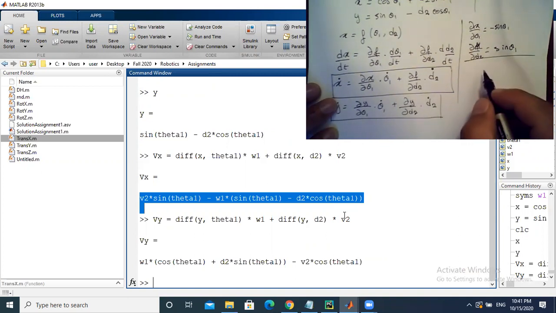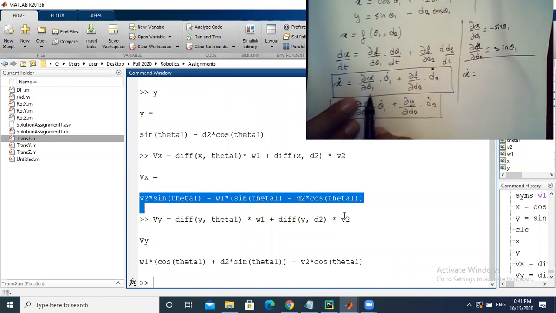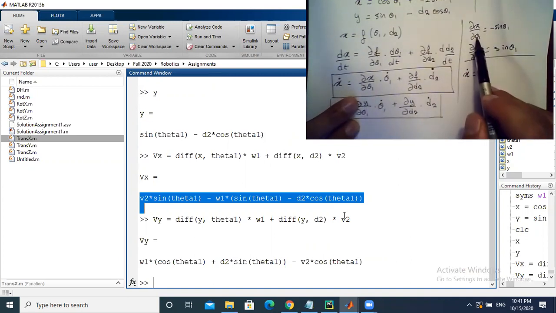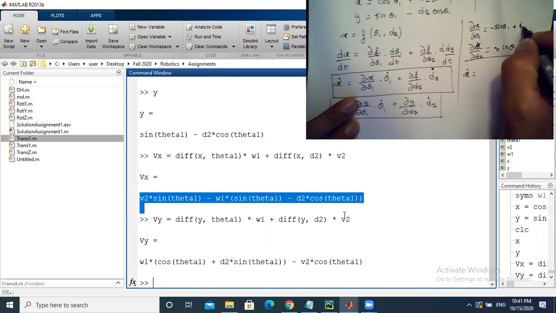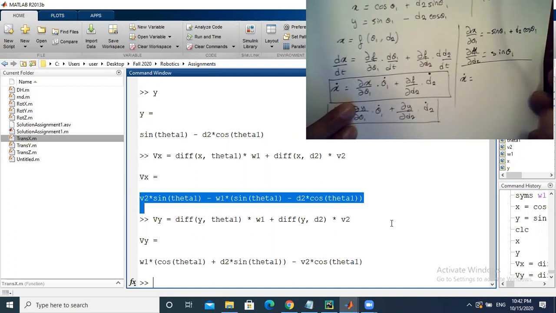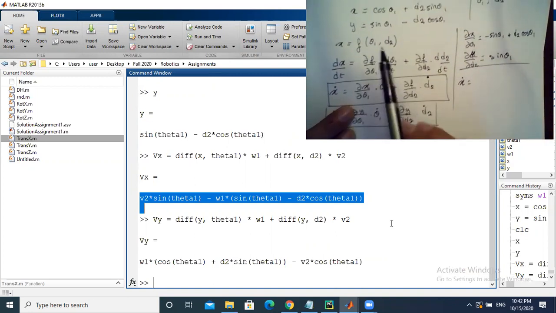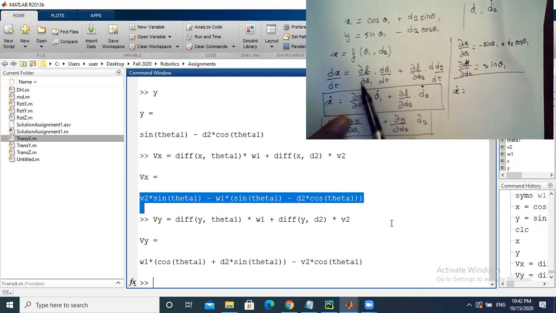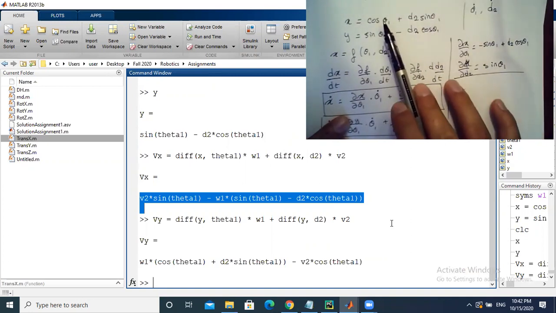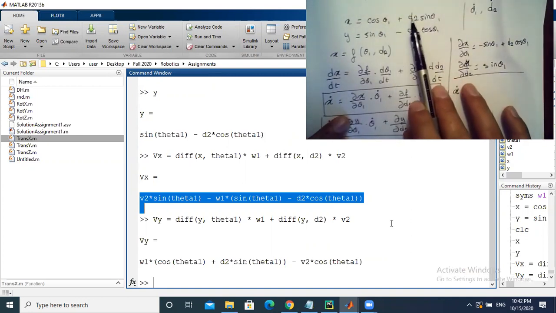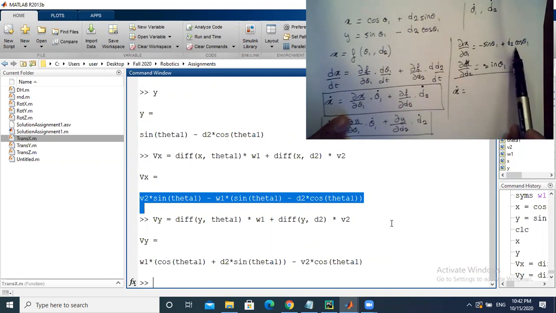So what is my x prime? dx d theta 1 is minus sine theta 1, you forget that, right? Plus d2 cosine theta 1. When I differentiate, I still have this guy. So dx d theta 1 is equal to minus sine theta 1 plus d2 cosine theta 1, which is here.